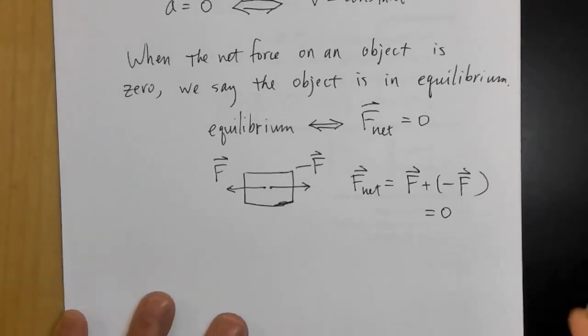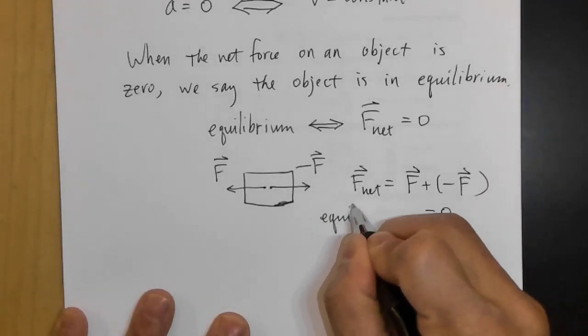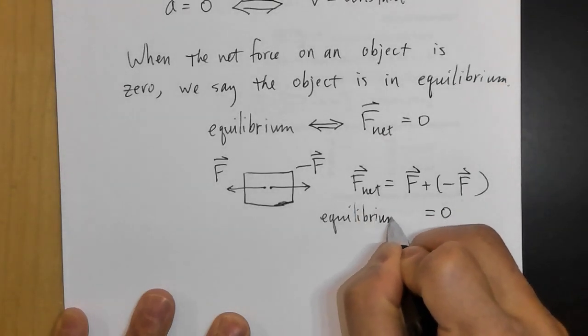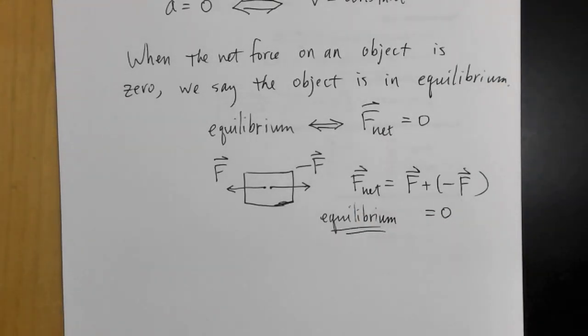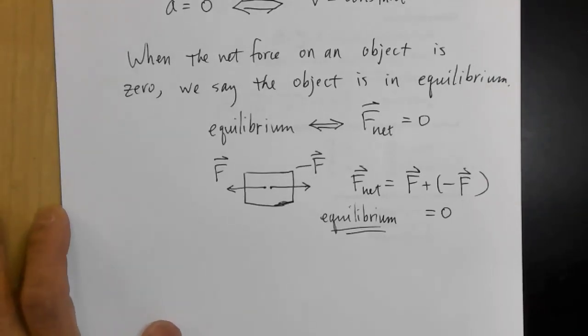And so we would say that this thing is in equilibrium. And if the net force is not 0, then we'd say it's not in equilibrium. Any questions about this so far?